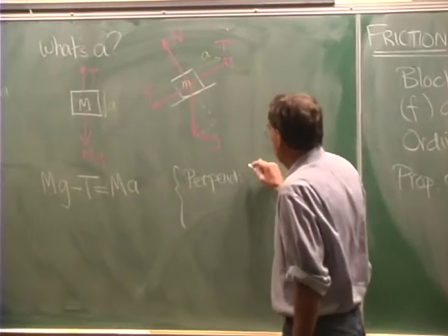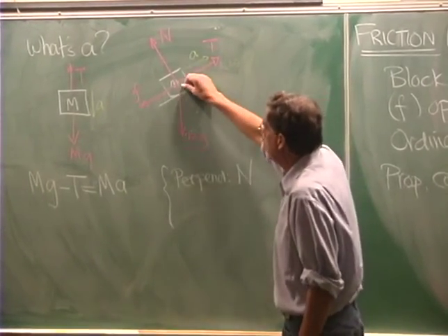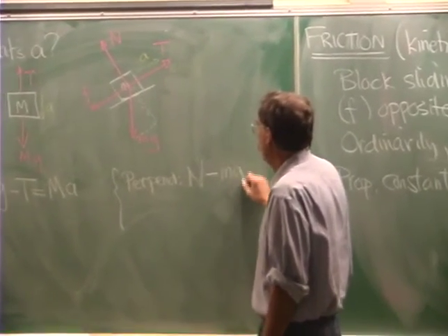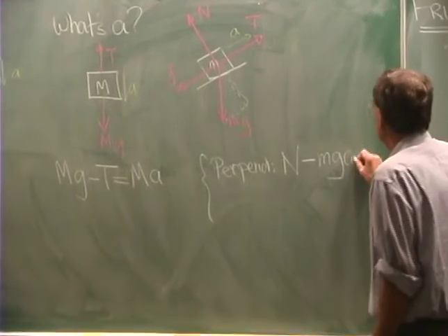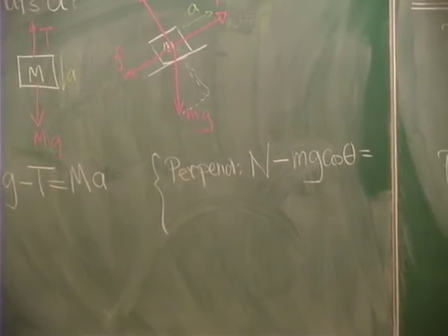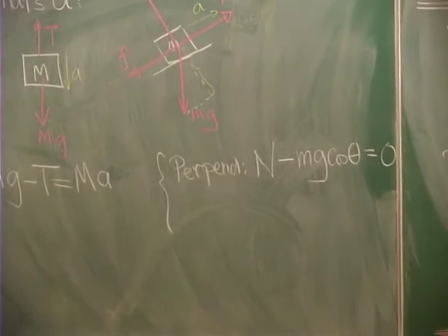N acting up, and pulling it back is this component of mg. What do I want, sine or cosine? Cosine, good. N minus mg cos theta equals zero, huh? It's not accelerating perpendicular to the plane.